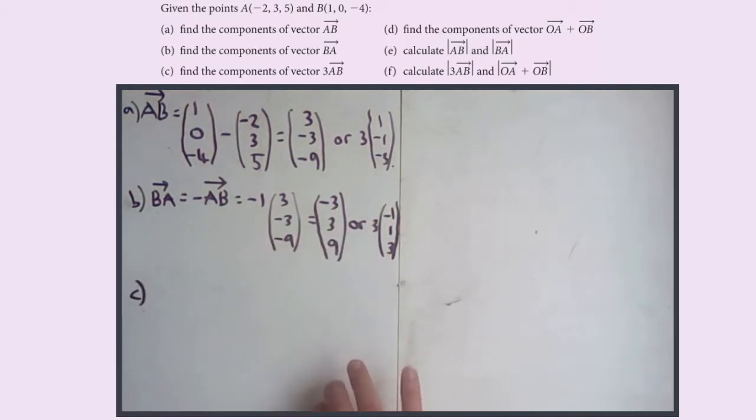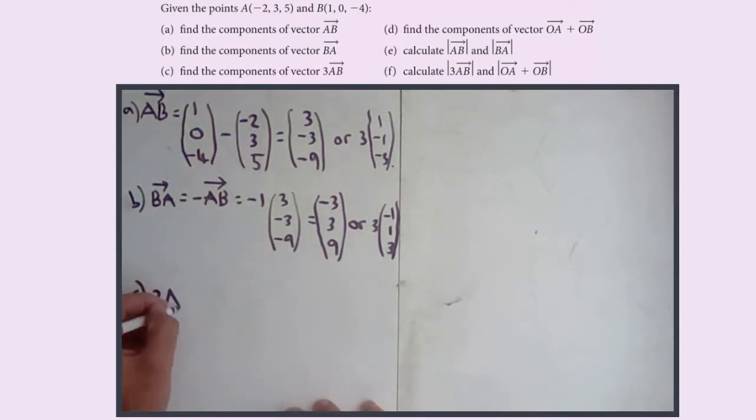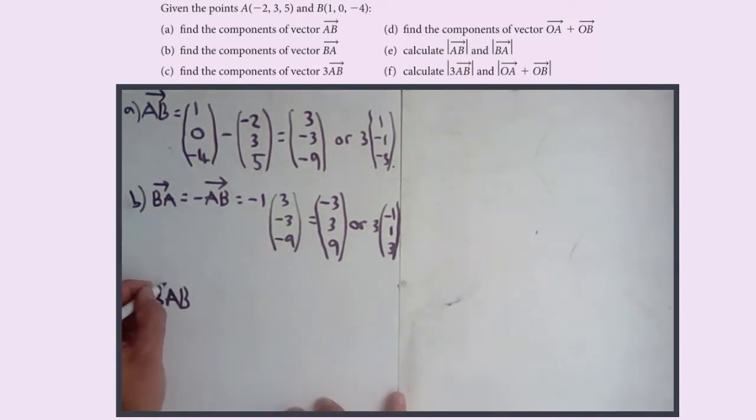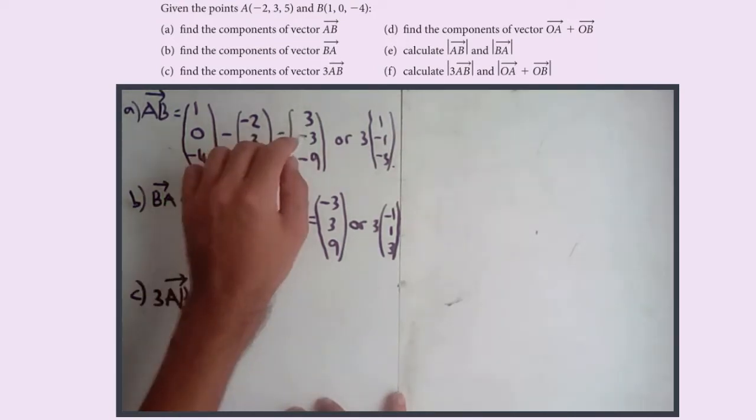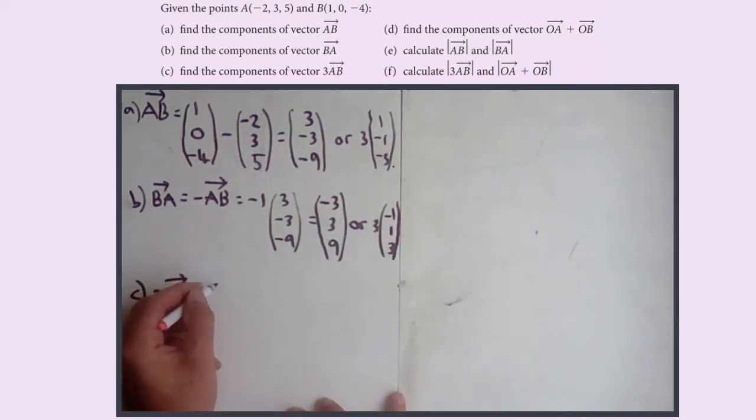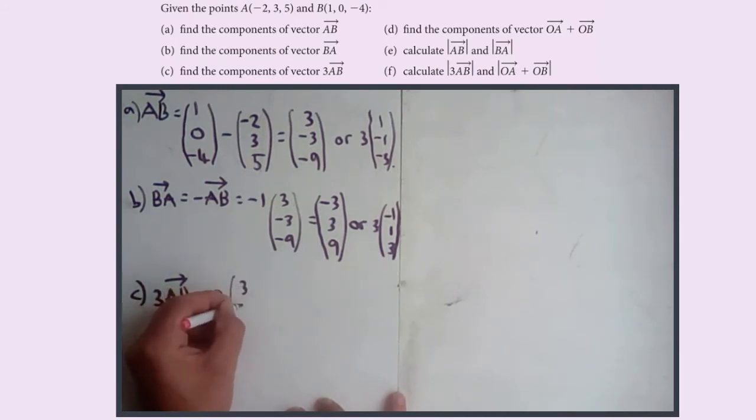Okay, part C. Find the components of vector 3AB. So 3AB is just as simple as taking AB and timesing it by 3. So I'm going to use this AB, but you could just as well use that. So it's 3 times (3, -3, -9).